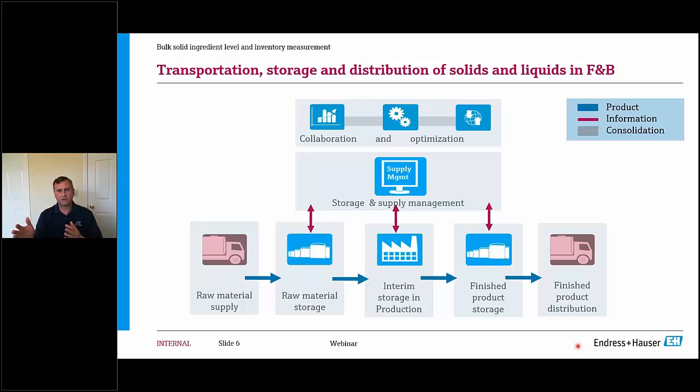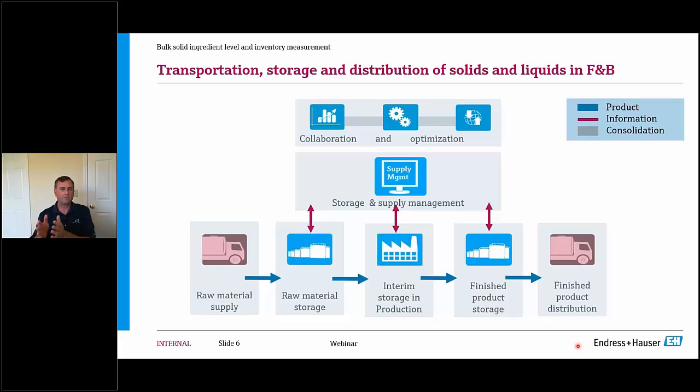So as we move products through a factory or throughout a supply chain, you have raw material coming in, you have some kind of intermediate raw storage. It goes through the different production stages, and then you maybe have a finished product, and then it's getting sold either as a retail packaged product or potentially in a bulk type of scenario again.